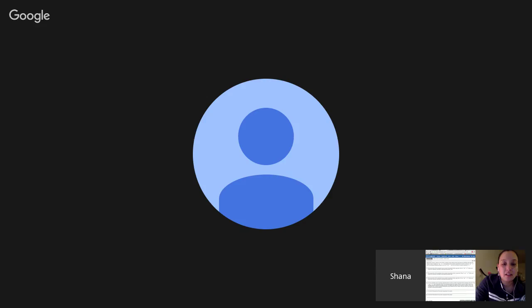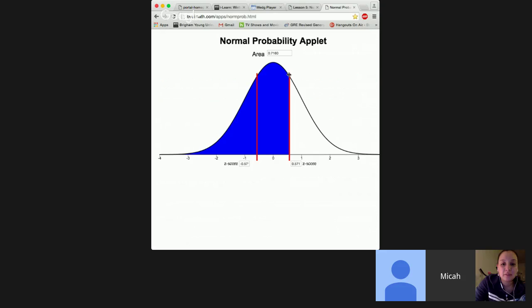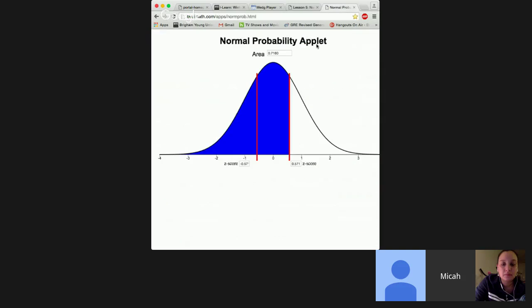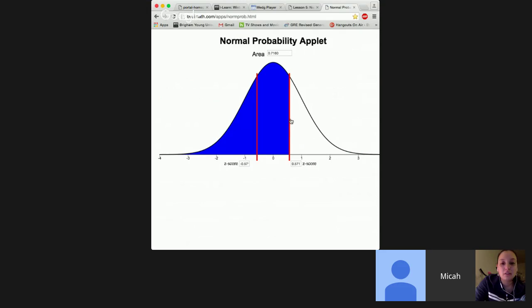Oh, wait. Hold on. So you, I only highlighted all the way to the left, and you highlighted the middle part? Yeah, because what it's asking is everything less than 0.7, and since 0.7 is here, this is the z-score for 0.7. So anything above it will be above 0.7. Anything below will be below 0.7. Makes sense. Okay.